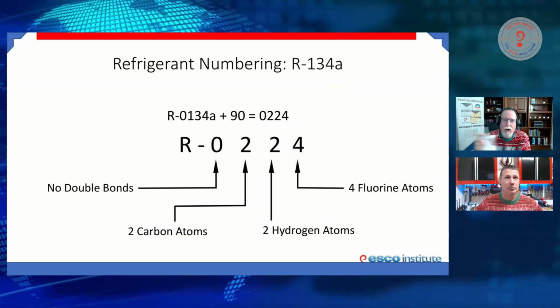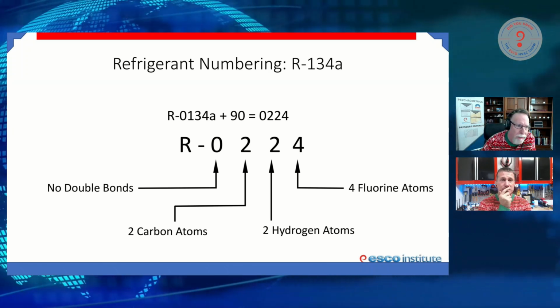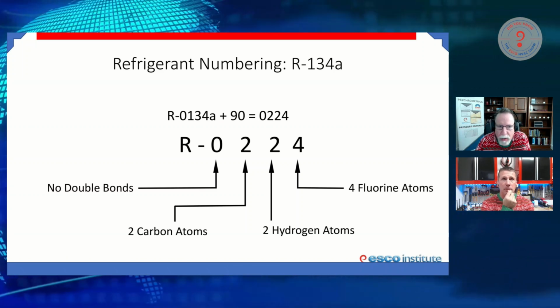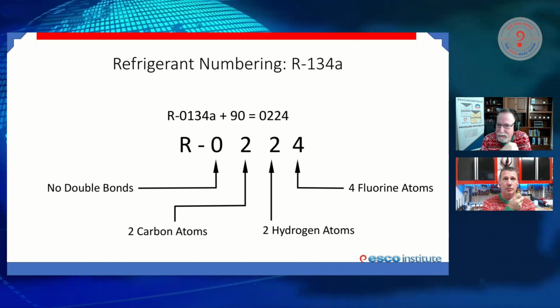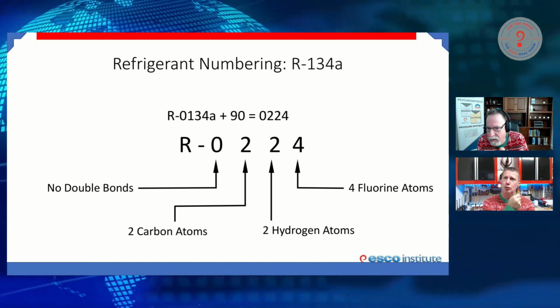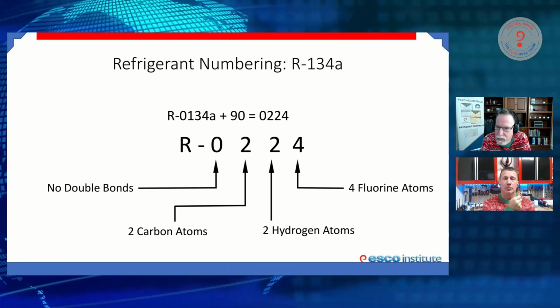So how about R134a? Okay. So R134a, add 90 to 134. 134 plus 90 is 224. No double bonds, right? It's a 0. The next number is 2 carbon atoms. 2 carbon, that's different. 2 hydrogen atoms and 4 fluorine atoms.